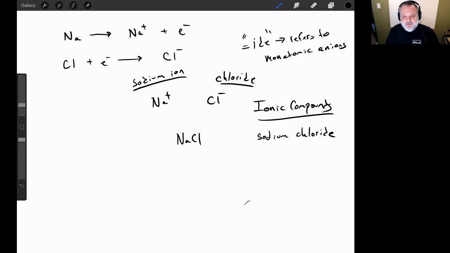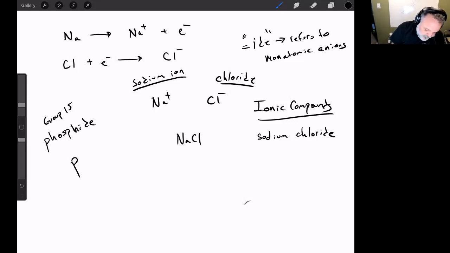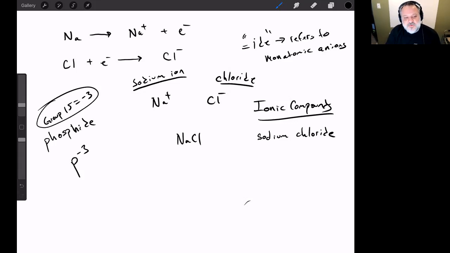If you hear "ide," it's referring to a monatomic anion. That's why if you see phosphide, you know that is the monatomic anion from phosphorus. The only challenge now is figuring out what the charge is. Because phosphide is in group 15, and group 15 forms 3- ions, that's the charge you'll assign to it. So this is phosphide.